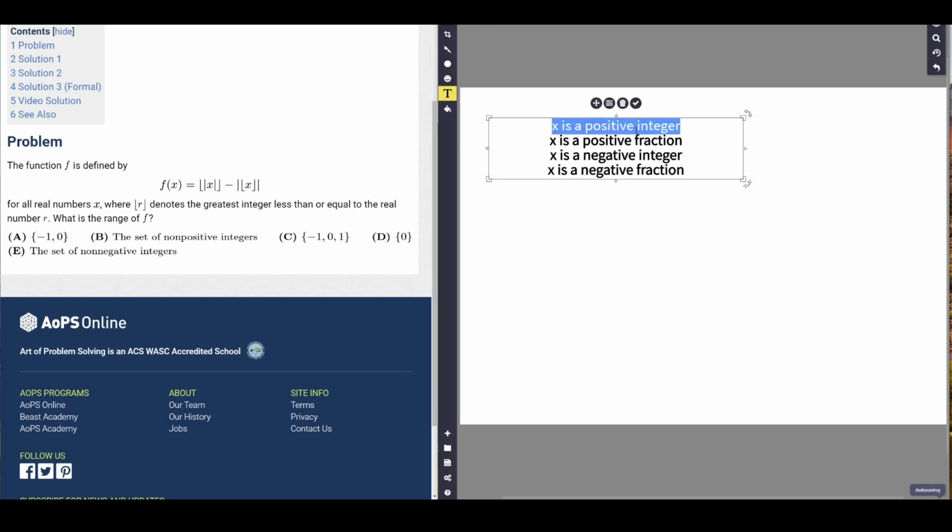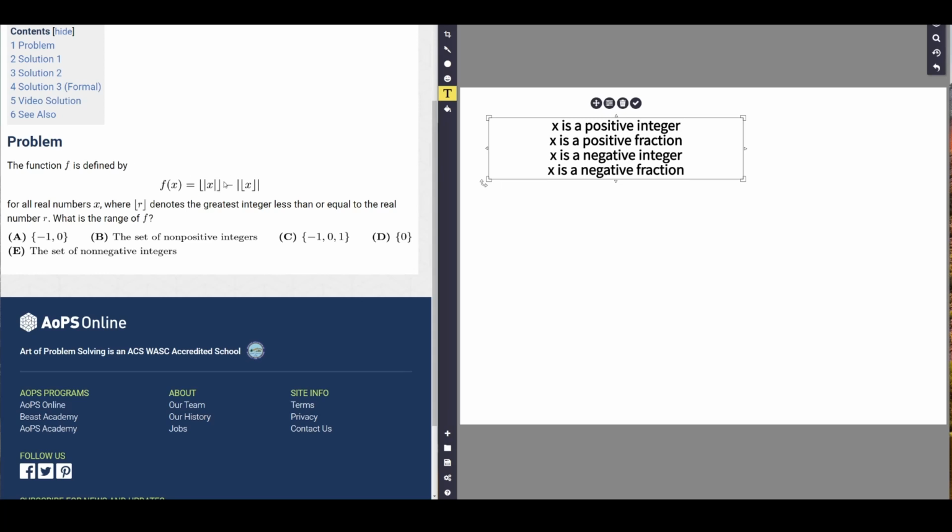But firstly we can eliminate the integers, because this notation denotes the greatest integer less than or equal to the number inside, which means that for all integers this is just going to equal 0.